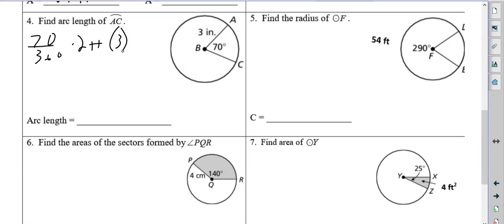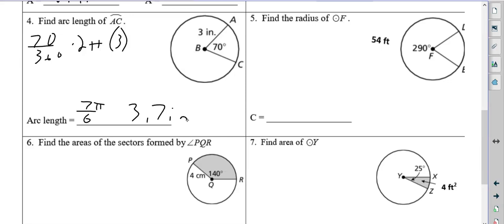Which would then reduce to 7 over 6 pi, or approximately 3.7 as a decimal.